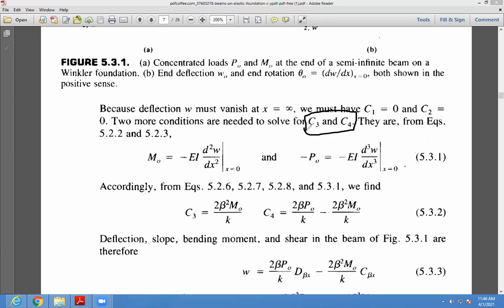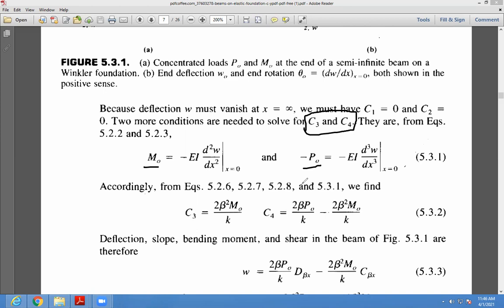For that, we require two more conditions, so we have to take the equations of moment and load. Slope is the rate of change of deflection, and moment is the rate of change of slope, so moment is the double derivative of deflection.